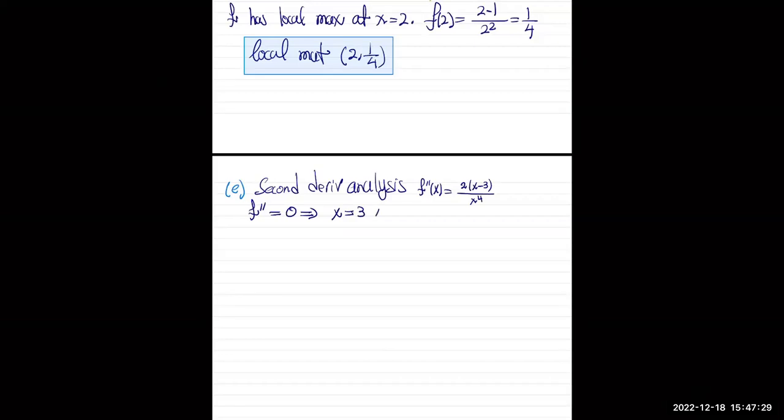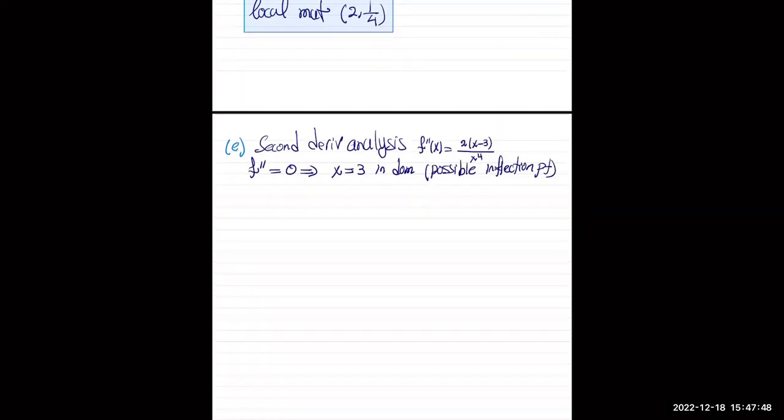And again, this is in the domain, so this could be a possible point of inflection. Also see when f double prime does not exist. Again, this happens when the bottom is 0, which gives us x equals 0, not in the domain. So this can't be a location for an inflection point.